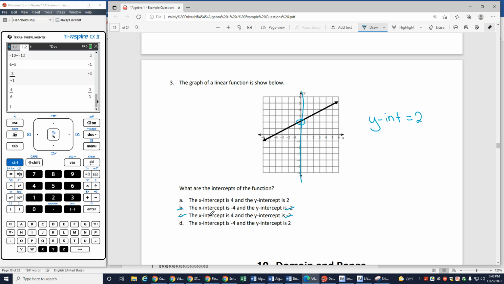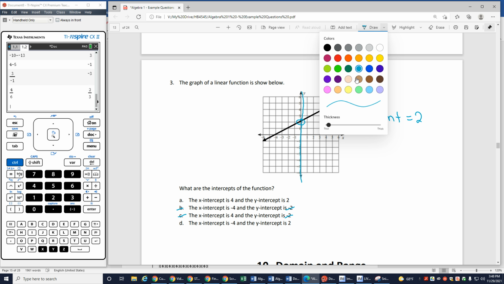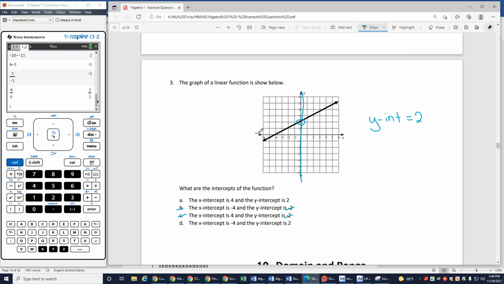So I can get rid of B and C. And then my x-intercept is where I cross the x-axis, which is over here at -4. My x-intercept is at -4, so that's not going to be this one or this one. So that eliminates A, and C we had already eliminated, so my correct answer must be D.